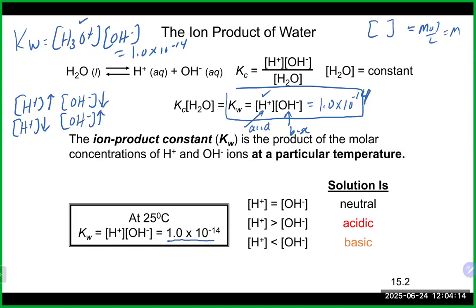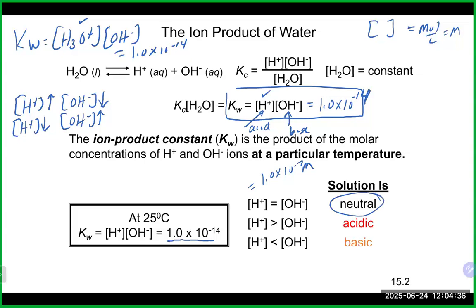And you could actually calculate the value of H+ or OH-, and depending on the concentration of either the acid part or the base part, it will allow you to know whether or not the solution is acidic, basic, or neutral. If you calculate the H+ concentration and it equals the OH- concentration, that basically means you got 1 times 10 to the minus 7 molar.